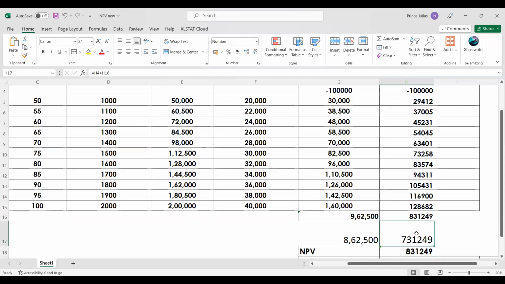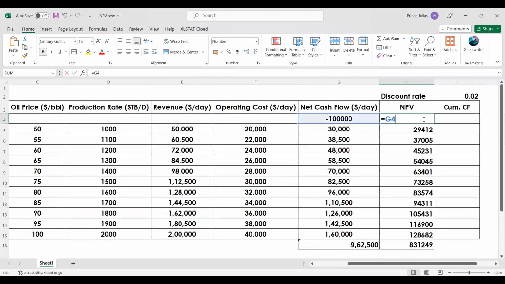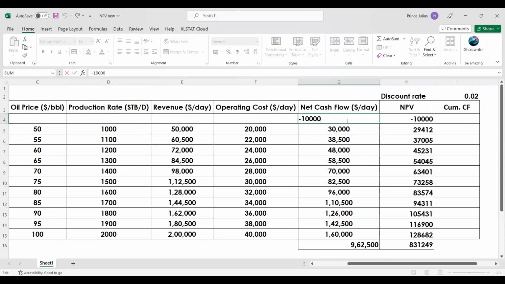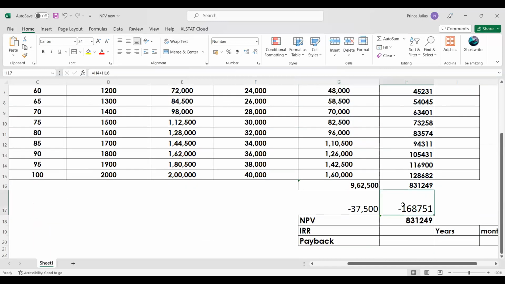But for certain projects, when you calculate this, you will get a negative value. Imagine if I change one value over here, if I increase by one more zero, then you can see the values are negative.